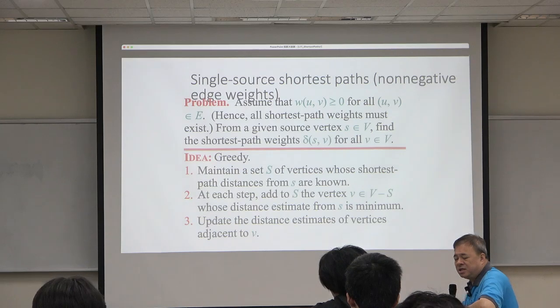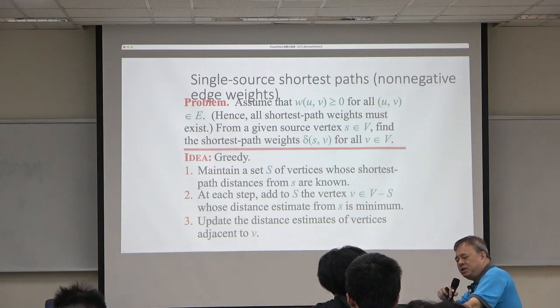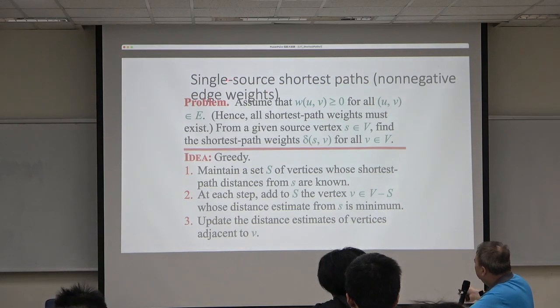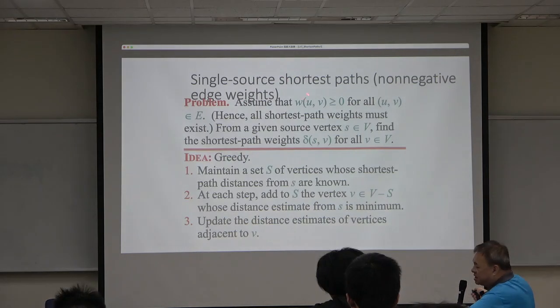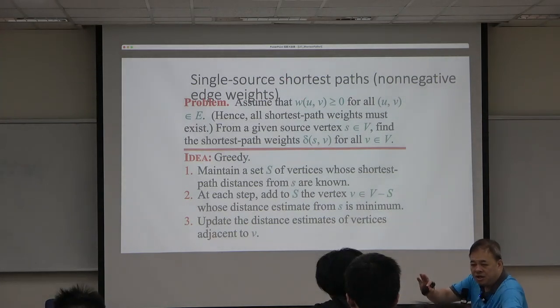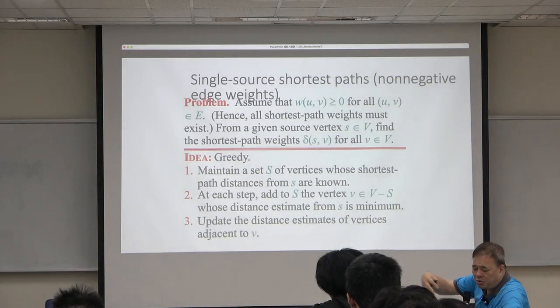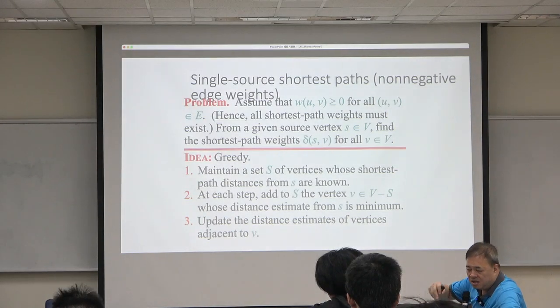Now you understand what shortest path is, and also some properties about the shortest path, right? So the problem is like this. Here is the simplified problem. A more general problem will be dealt with in the next lecture when we talk about the Bellman-Ford algorithm.